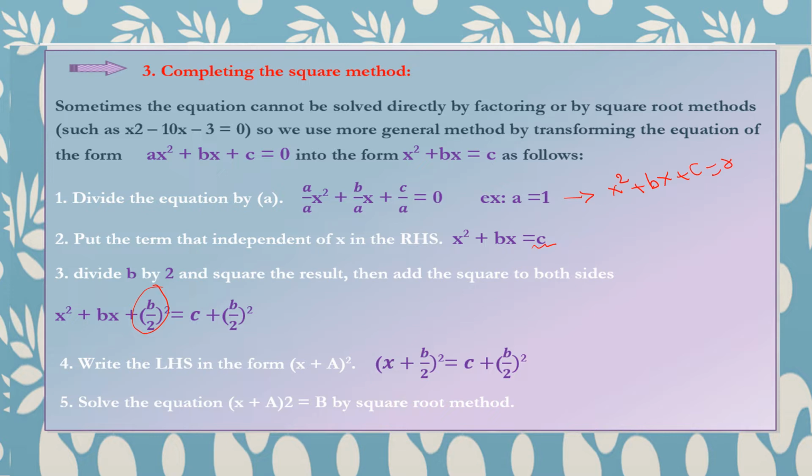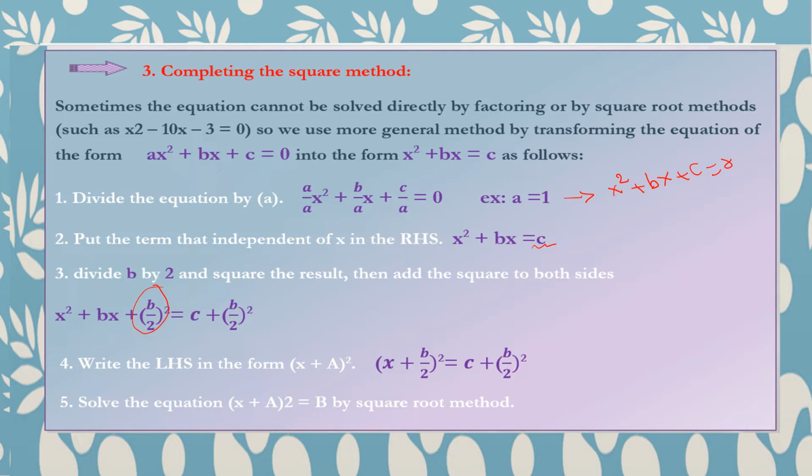Write the left-hand side in the form x plus a to the power 2, so x plus b over 2 all to the power 2 equals c plus b over 2 all to the power 2. After that, solve the equation by the square root method.